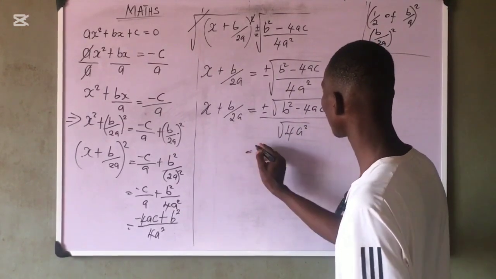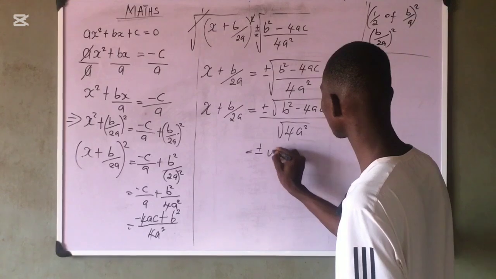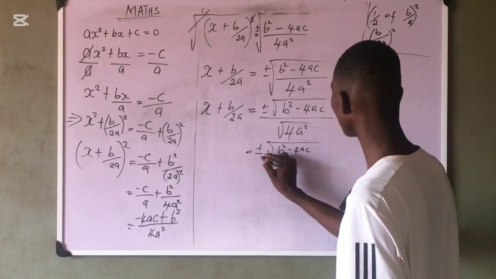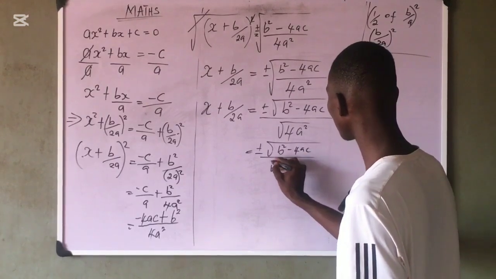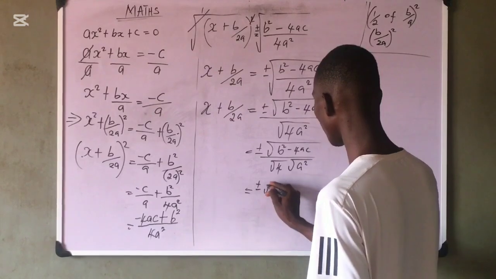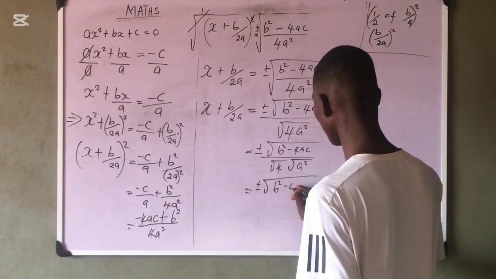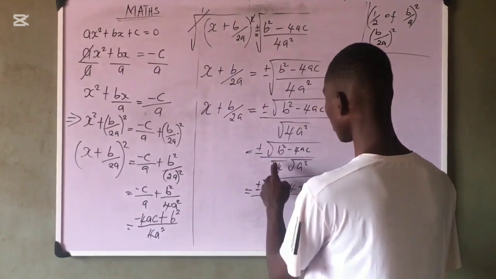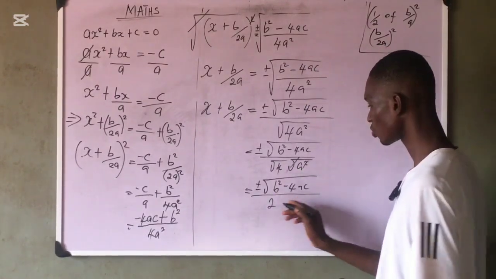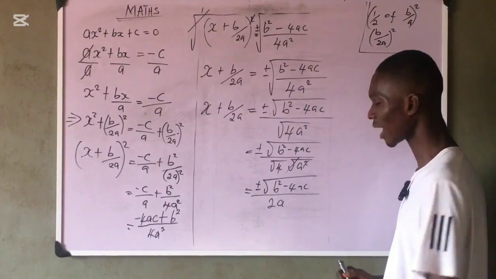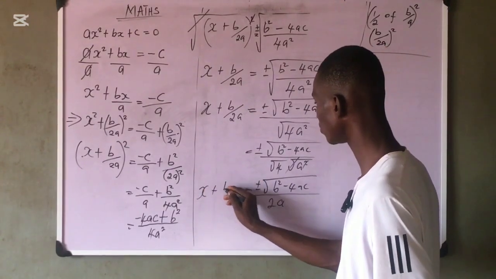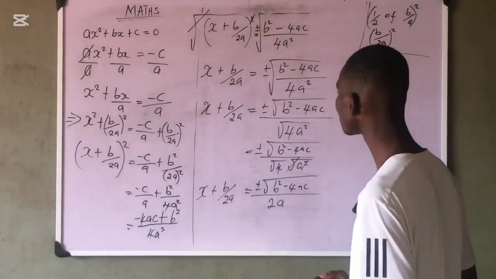So that I will have this to be plus or minus square root of b squared minus 4ac all over square root of 4 and square root of a squared. I will have plus or minus square root of b squared minus 4ac all over, square root of 4 is 2, and square will cancel square root to give me a. So at the denominator, I'm having 2a. The other side is still x plus b over 2a.